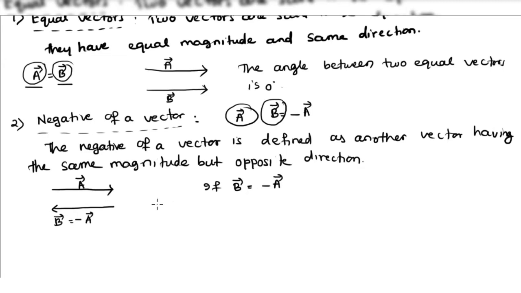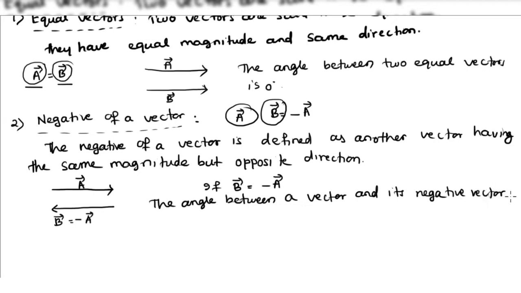So let me write here, the angle between a vector and its negative vector is 180 degree. But the angle between two equal vectors is 0 degree.